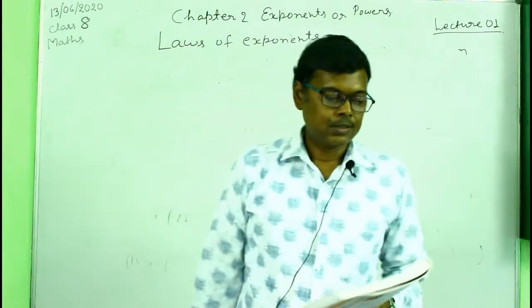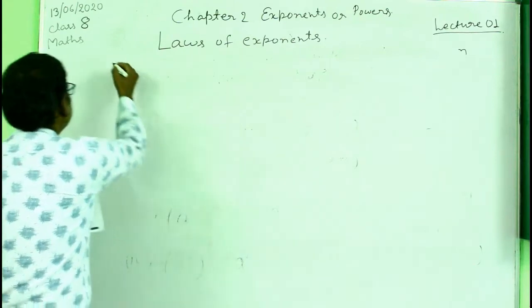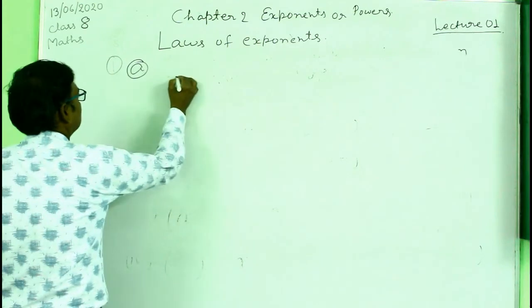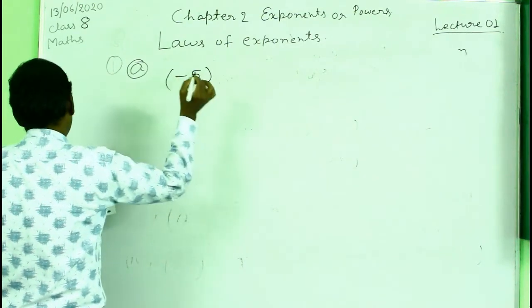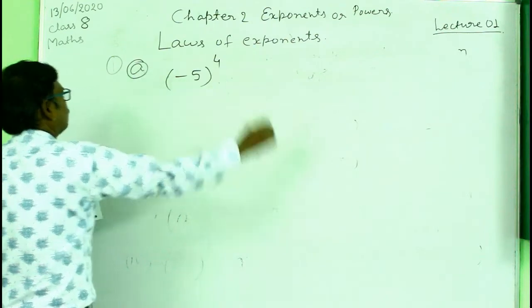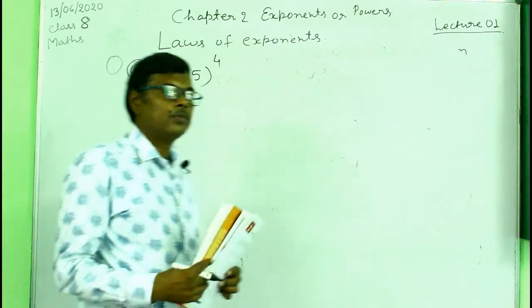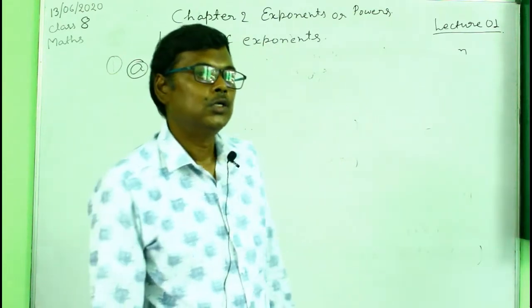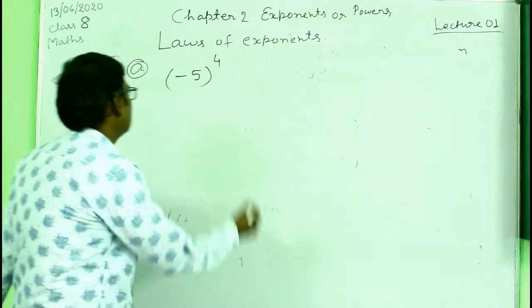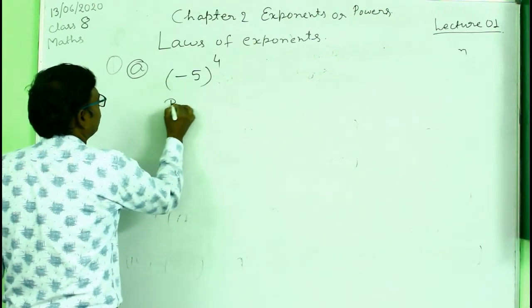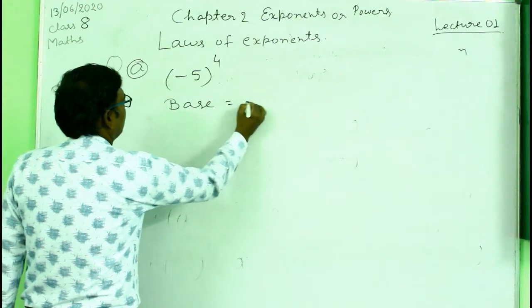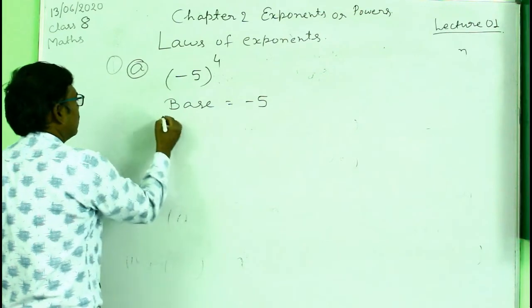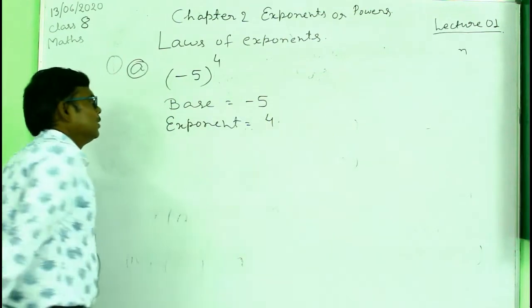In question number 1 a, the question is -5 to the power 4, and you have to determine the base and the exponent. Here the base is -5; this is called the base and this is the exponent or power. That's it. So this is the answer.